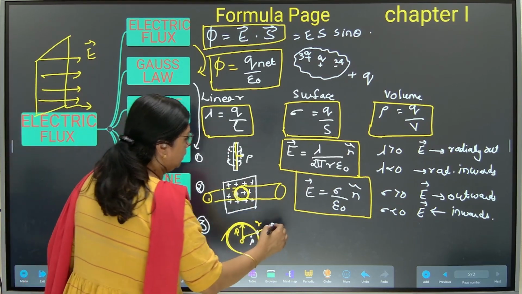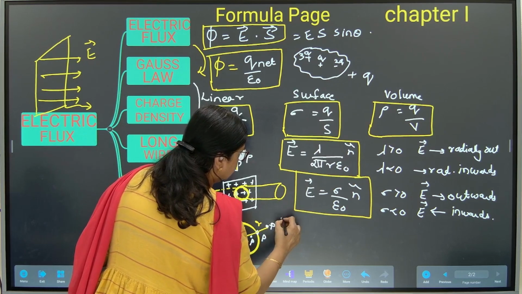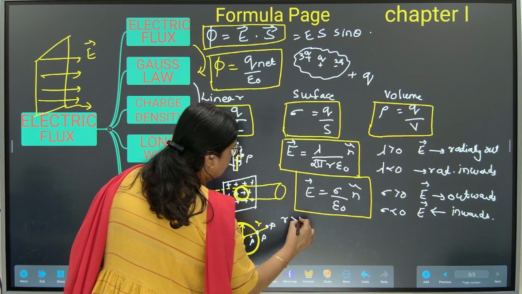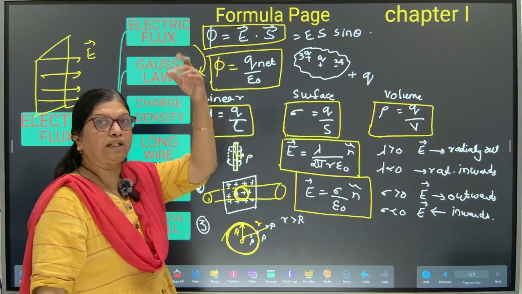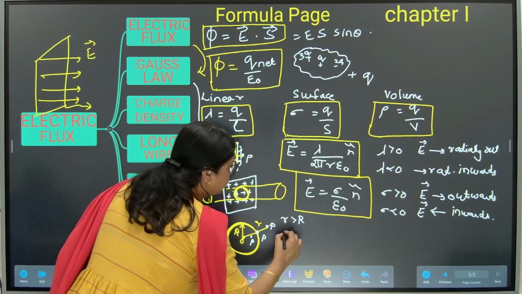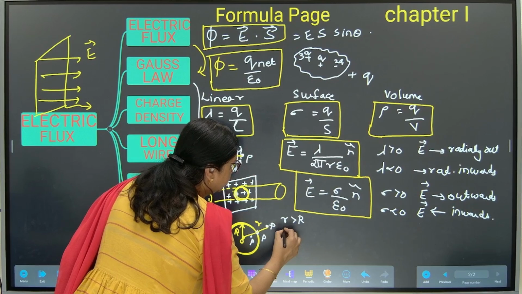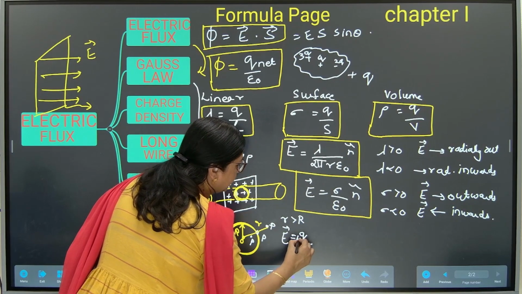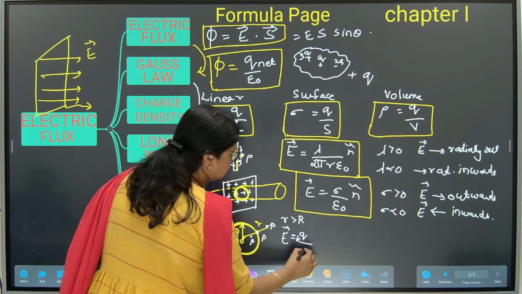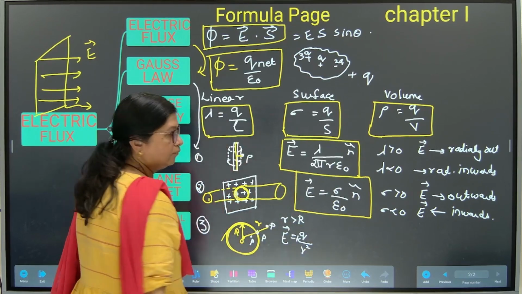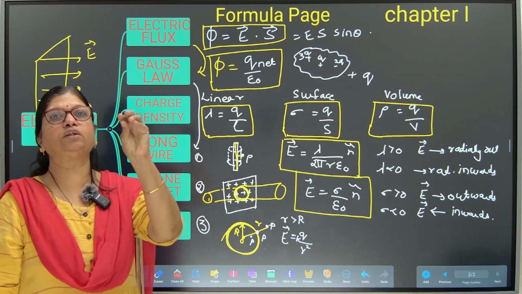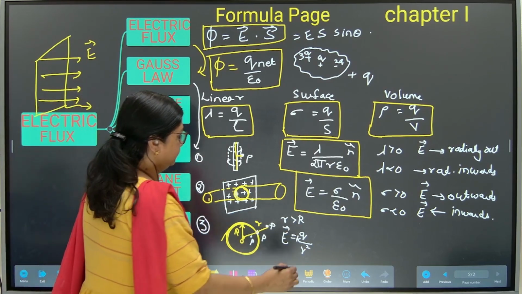For r greater than R, that means our point is outside the shell, the electric field is just like a normal electric field for a charge q, as if all the charge is concentrated at the center.